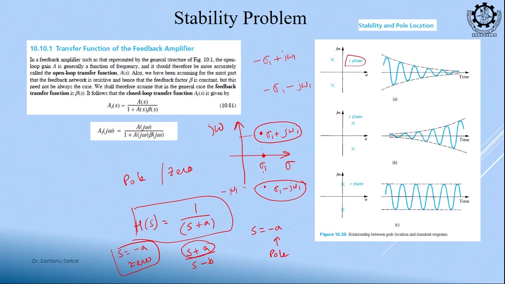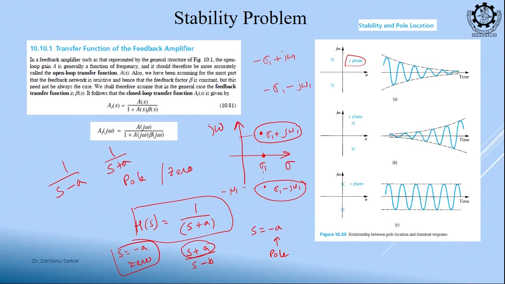Now, tell me, suppose this is your expression. In this expression, if this conjugate pair is on the left hand side, what is actually happening in your equation? You have, say, this is one equation, this is one equation.